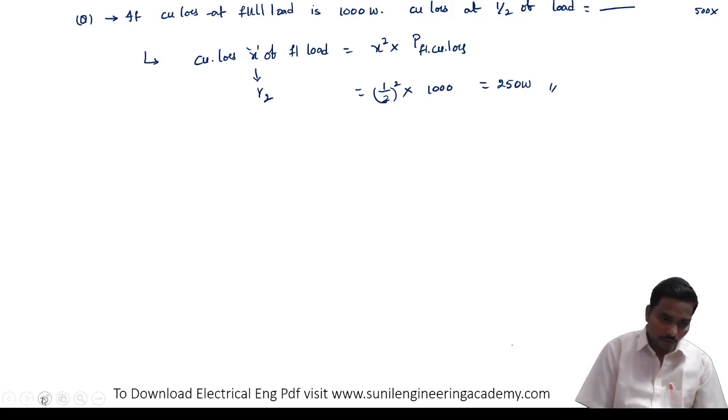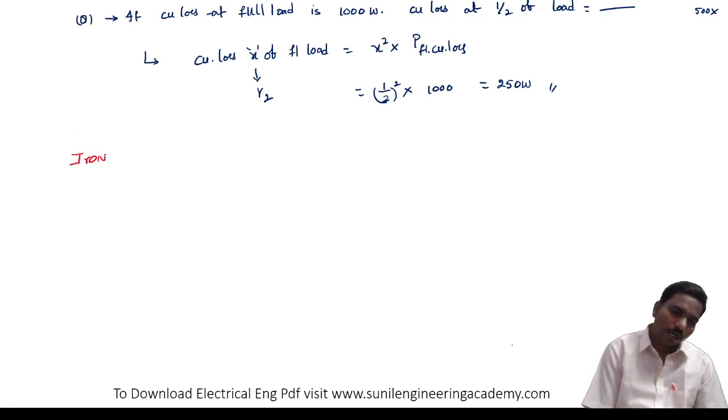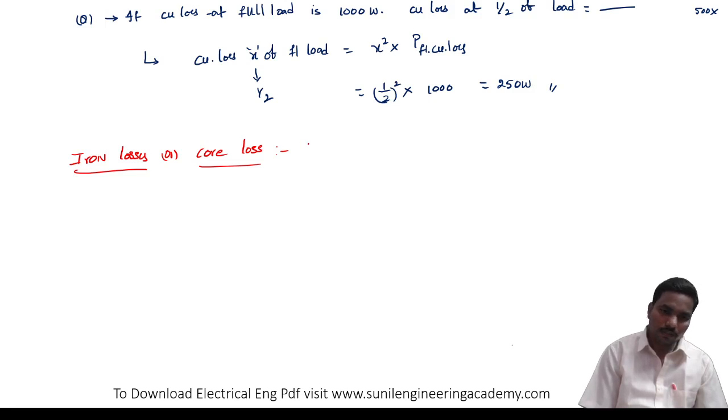Now coming to the next one, iron losses. These are also called core losses, fixed losses, or constant losses.